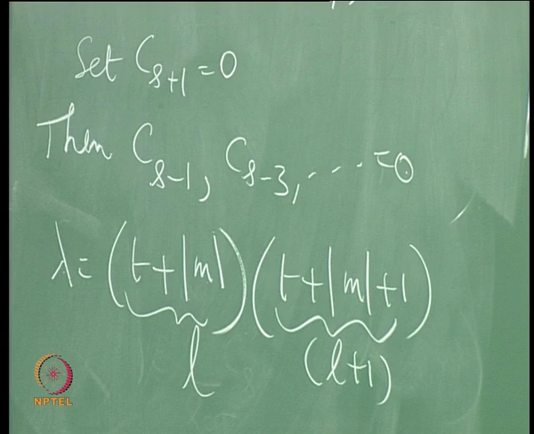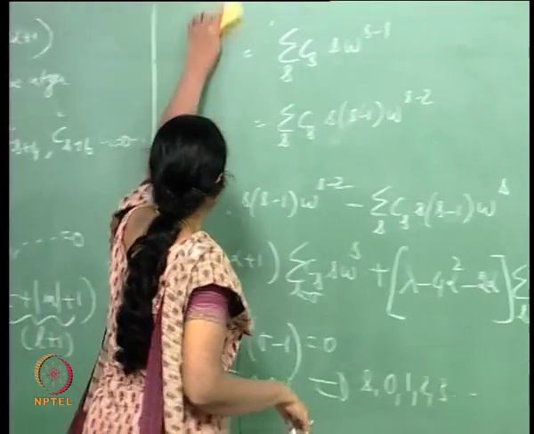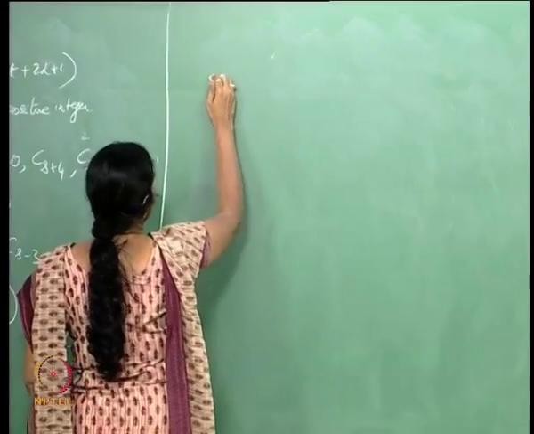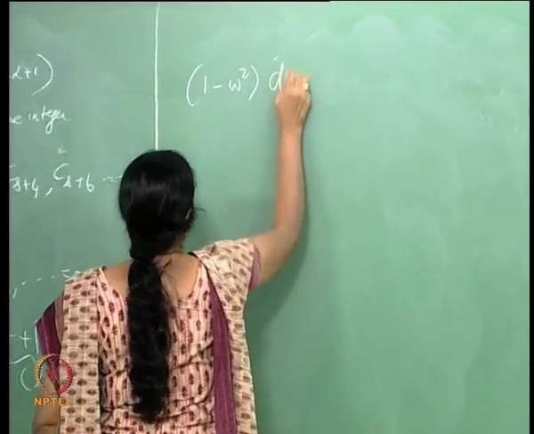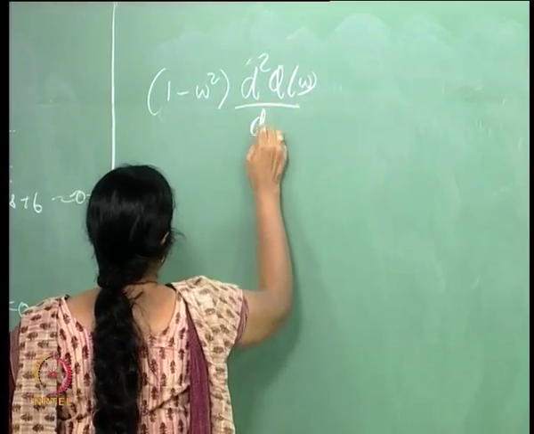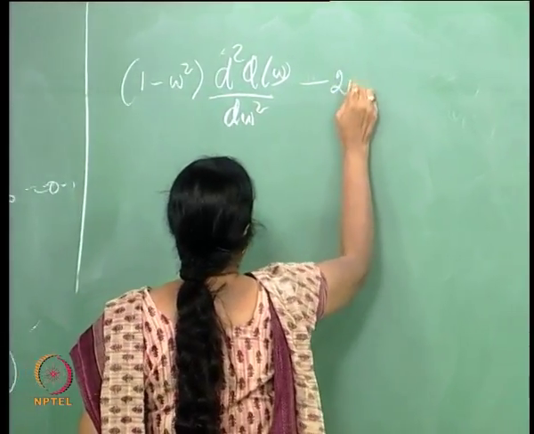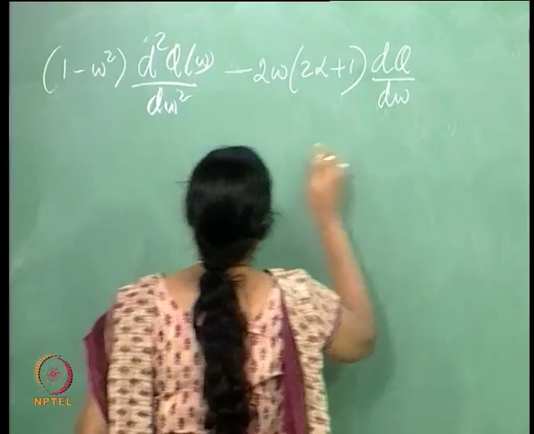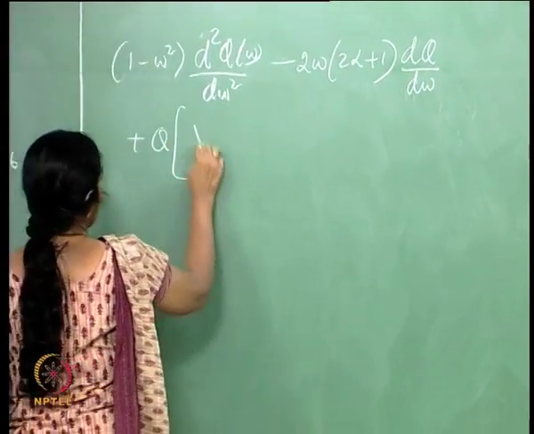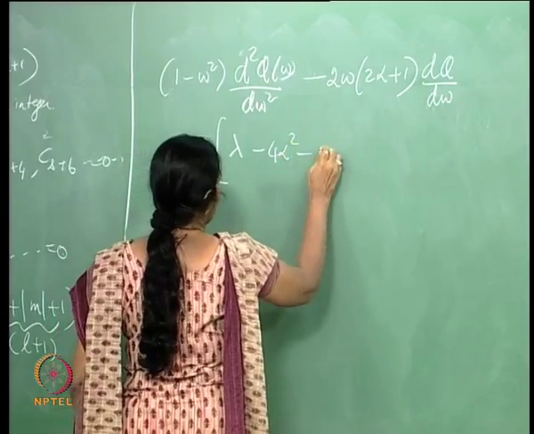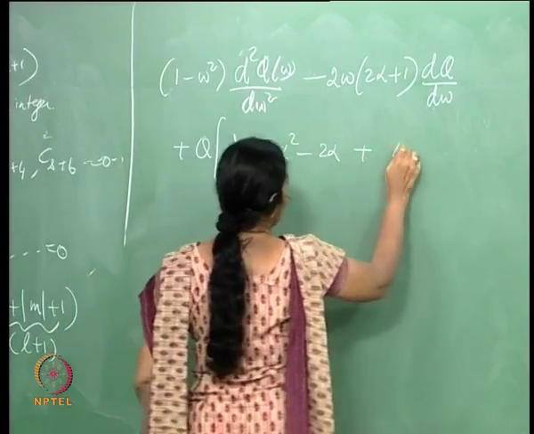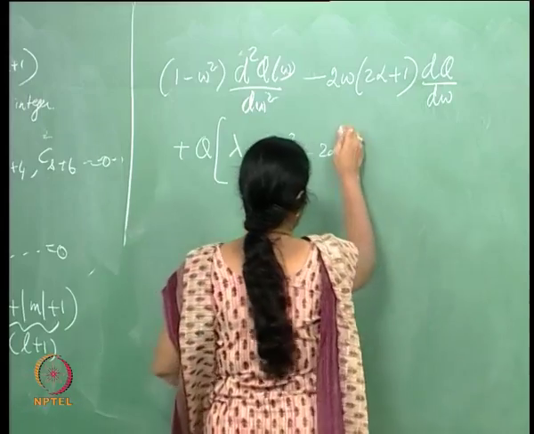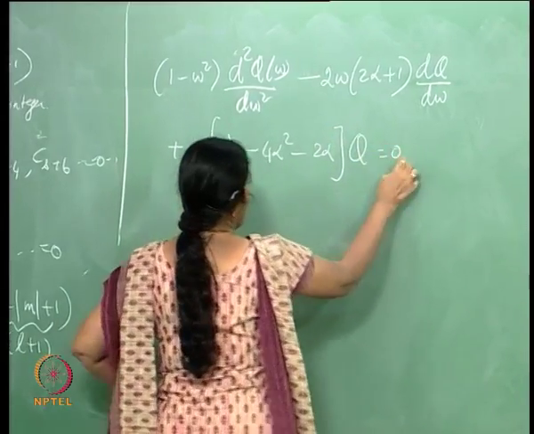So I can go back to the equation for Q and see what I have. The equation for Q simply said this: minus 2w times 2 alpha plus 1 dq by dw plus q times lambda minus 4 alpha squared minus 2 alpha plus 4 alpha squared minus m squared by 1 minus w squared, and that term dropped out, is equal to 0.